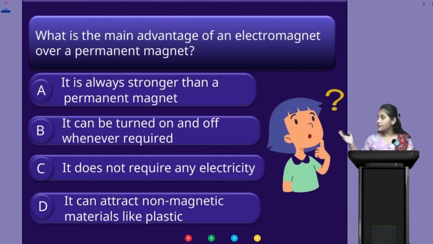Option C, it does not require any electricity. And option D, it can attract non-magnetic materials like plastic. I will give you a 30-second timer and you need to give the correct option. Just think about what I have taught you, so you can give the answer. Your time starts now.